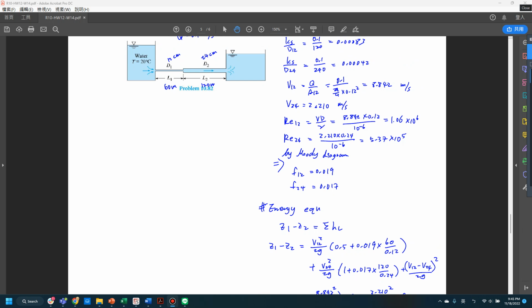And at the same time, you will also need to consider the head losses at the entrance location, and also the head losses at the exit location.